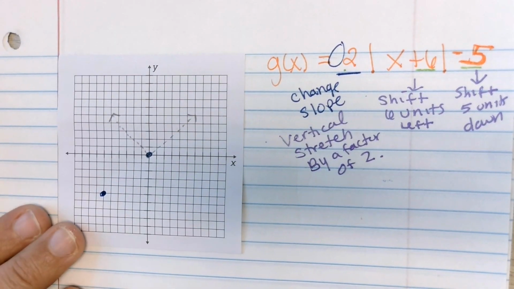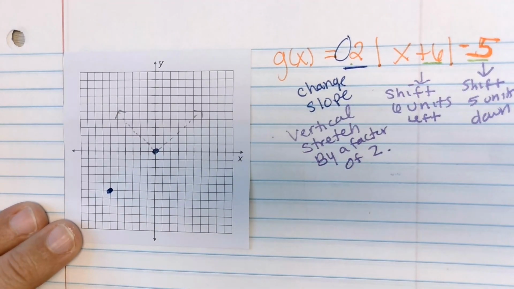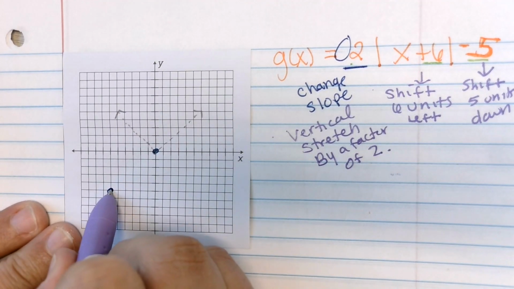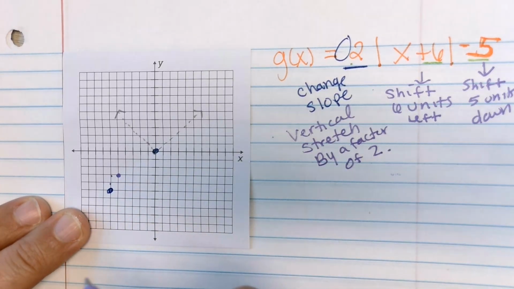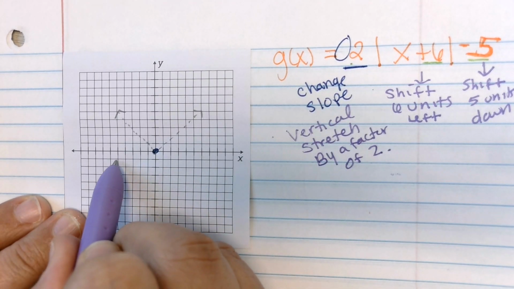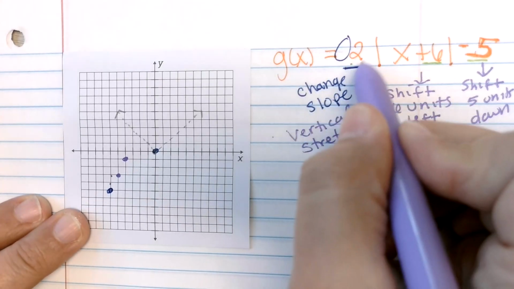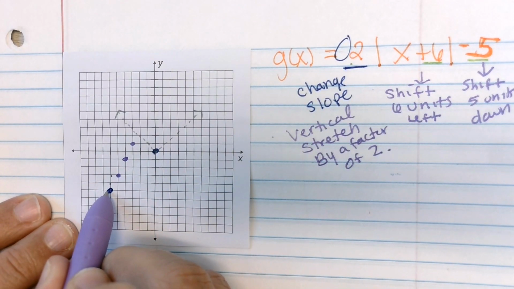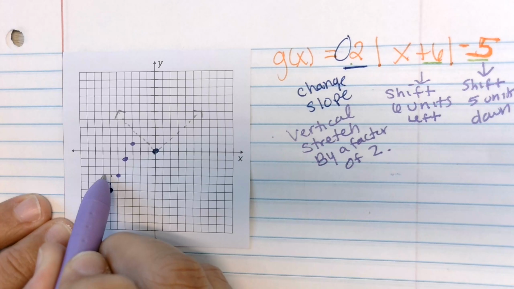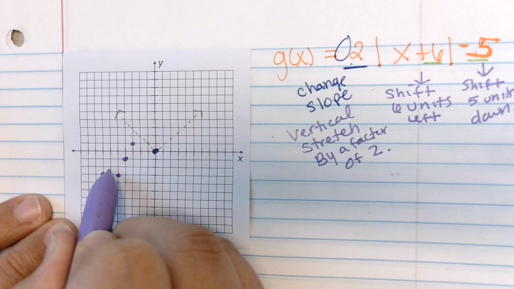But to graph it, we're going to start at our vertex and we're going to go up 2 over 1, just like graphing a linear function. Up 2 over 1. We're moving with a new slope. Up 2 over 1. And then over here, go back to the vertex to the other side, and it's a mirror image of the other one.